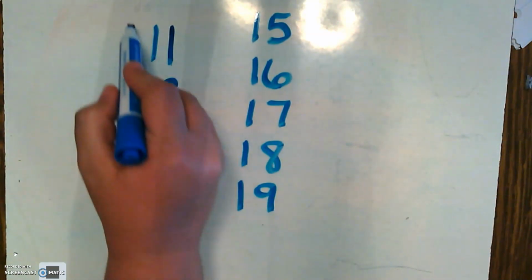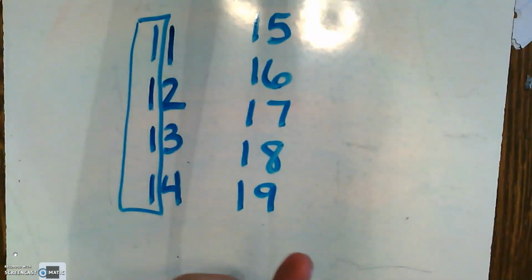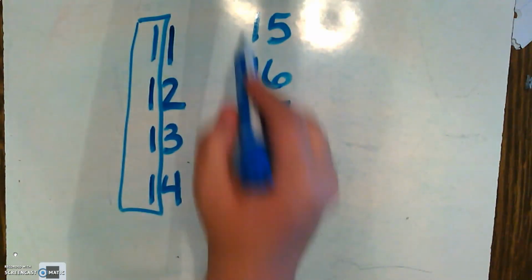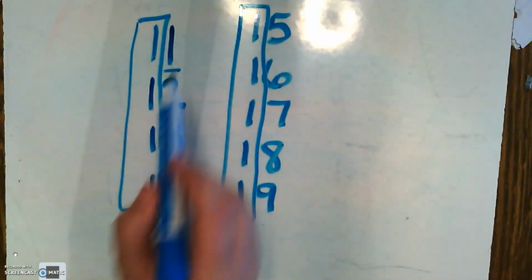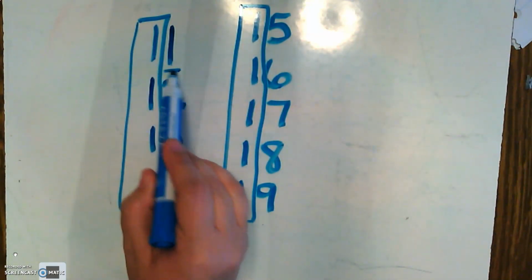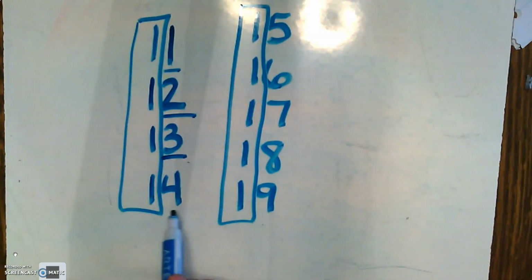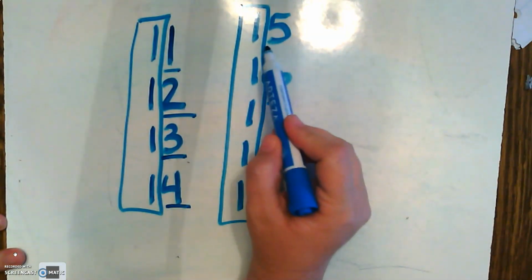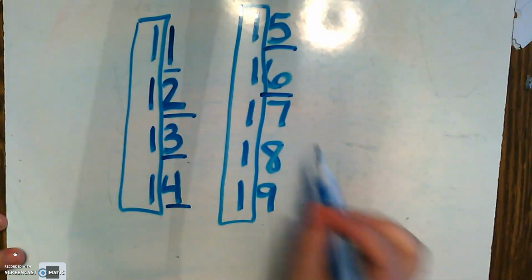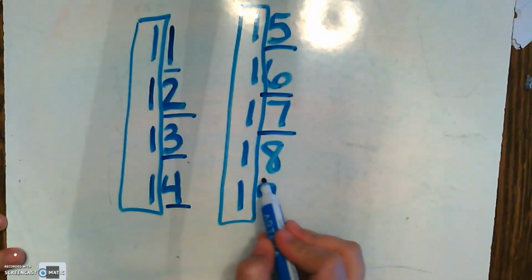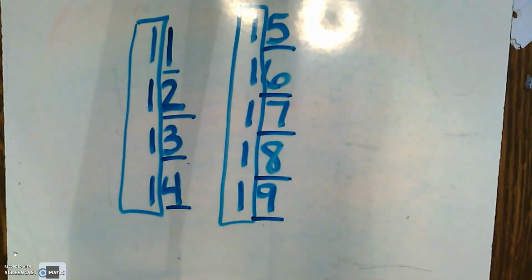You'll notice all of these numbers start with a 1, but that 1 isn't a 1 like a single, but that is a group of 10. And then they all have some extra ones. So 11 has 1 extra one, and 12 has 2 extra ones, and 13 has 3 extra ones, 14 has 4 extra ones, 15 has 5 extra ones, 16 has 6 extra ones, 17 has 7 extra ones, 18 has 8 extra ones, and 19 has 9 extra ones.